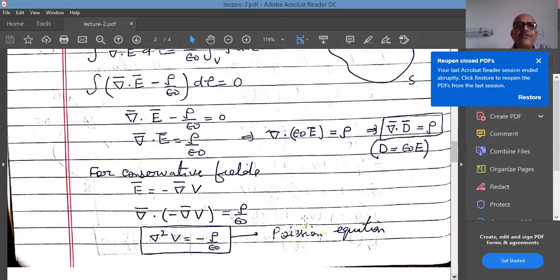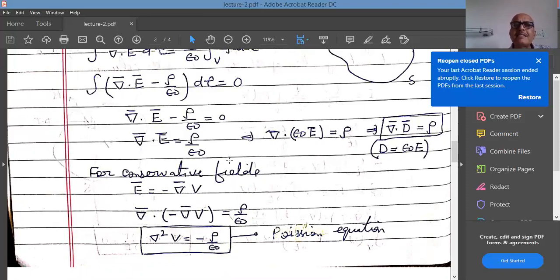In the case of conservative fields, force can be written as the negative gradient of the potential energy, so F is equal to minus gradient of U. Coming to the electrostatic side, the force on a charge Q in electric field E will be F equal to Q into E, and similarly the potential energy U can be written as Q into V. If you put them together, then E becomes equal to minus gradient of V. That means in an electrostatic conservative field, the electric field can be written as the negative gradient of the potential.